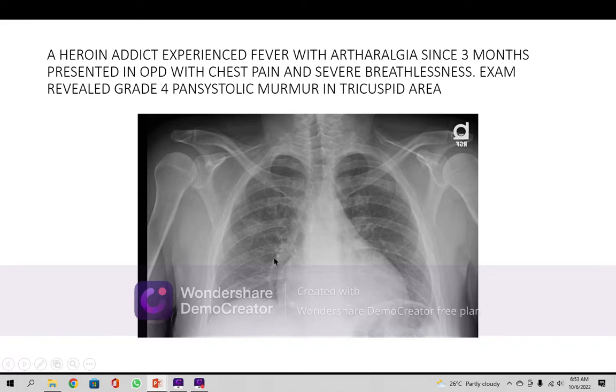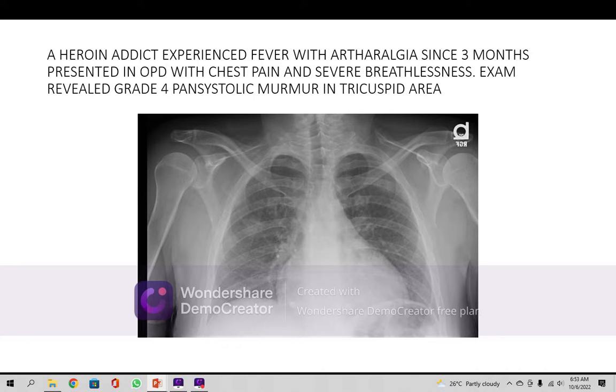Where the emboli lie, there will be a reaction and small cavitations. So it is a suppurative type of pneumonia which is seen here, and it is most probably because of bacterial endocarditis.